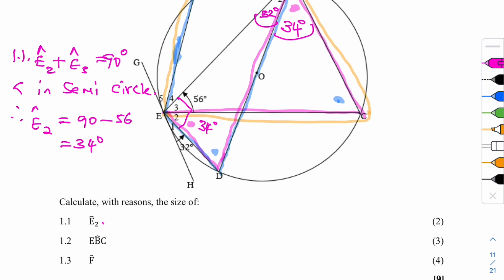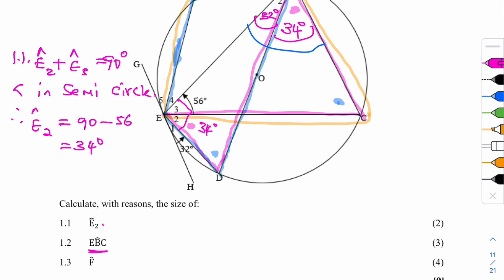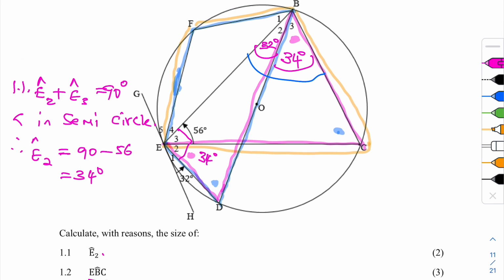The next question is asking for angle EBC. So this is quite simple because we basically are asking for angle B2 and B3. So we just need to show how we got the 34 degrees. So we'll say that's 1.2. Angle B3 is equal to 34 degrees.